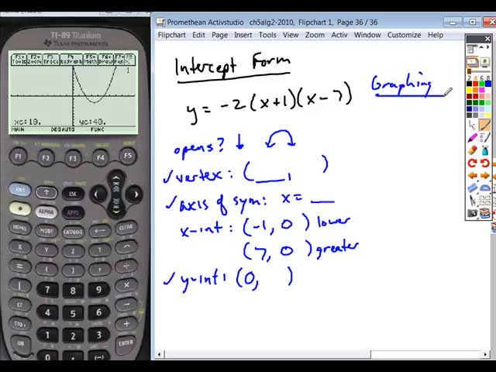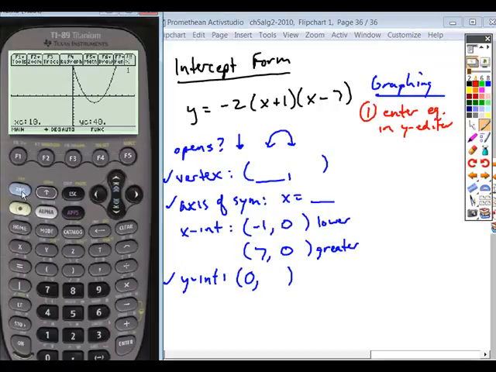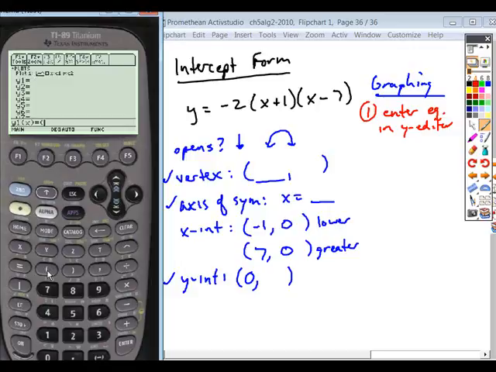Right, and so when we graph this, again, we're going to start with the same first step. We're going to enter the equation in the y editor, and we can enter it just as it is. We don't need to expand it or anything. We can simply enter our equation.